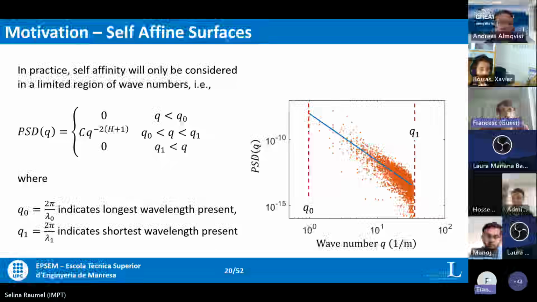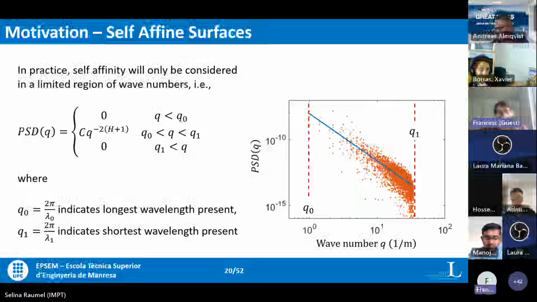So of course, if we measure a surface at say 1 millimeter by 1 millimeter, the longest wavelength that might be present is again 1 millimeter, because otherwise you could not have measured it. But quite often it is convenient to filter out this waviness and take a roughness that has wavelengths that are smaller, say 0.2 millimeters instead of 1 millimeter.